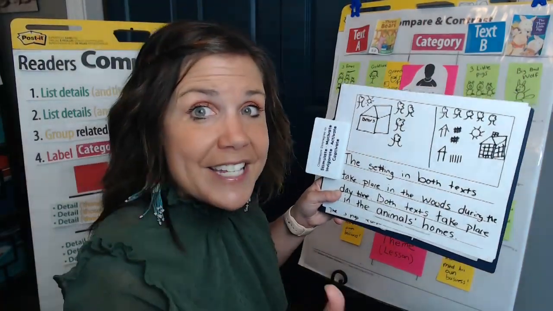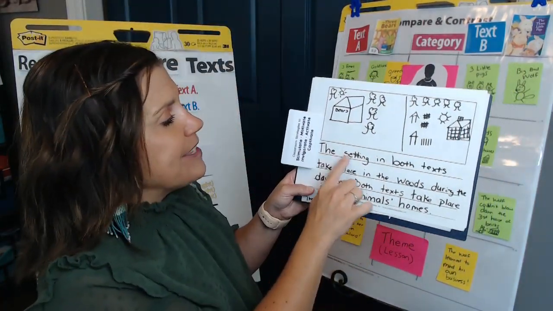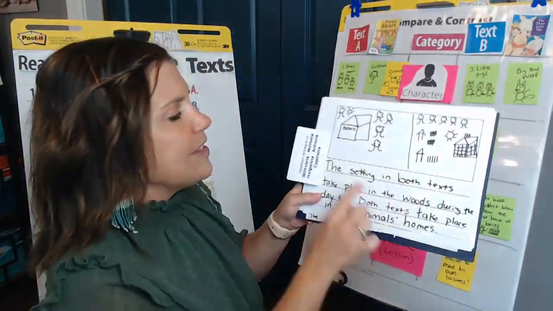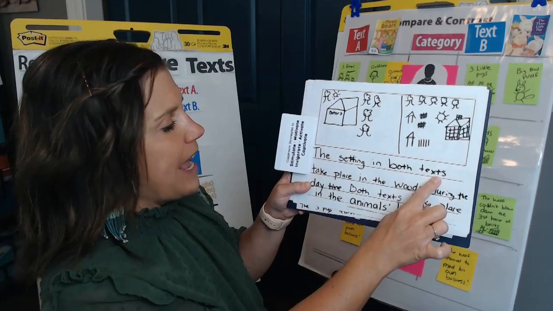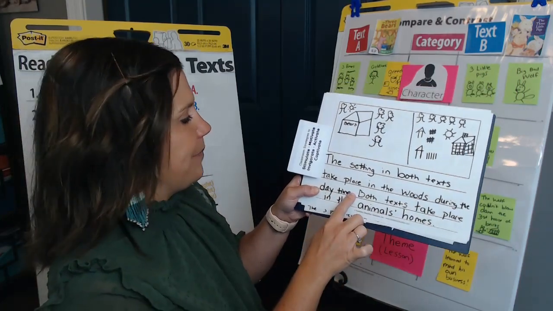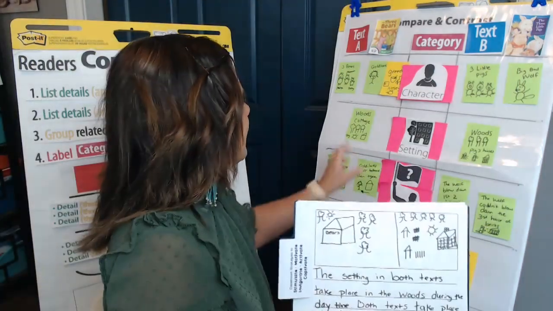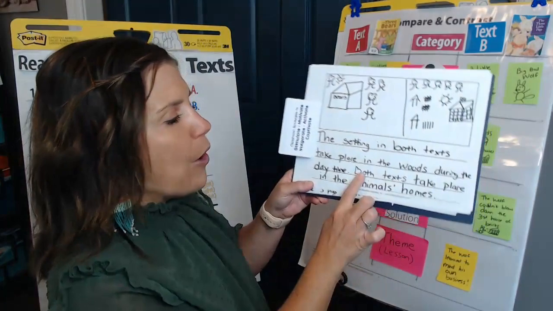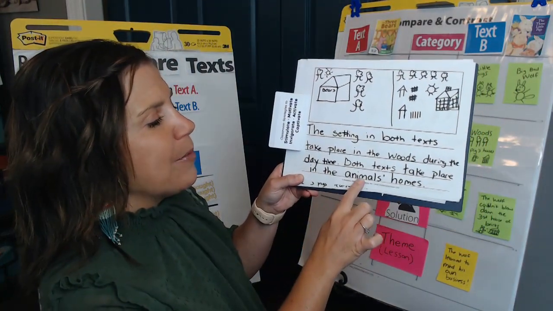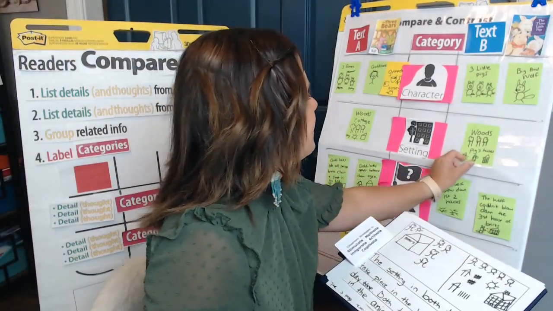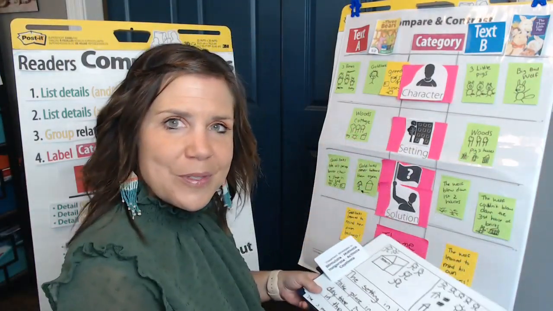But if you can write sentences, you could write about the setting, because that's the row we're in. The setting in both texts takes place in the woods during the daytime. So that's one sentence. And then both texts take place in the animals' homes.